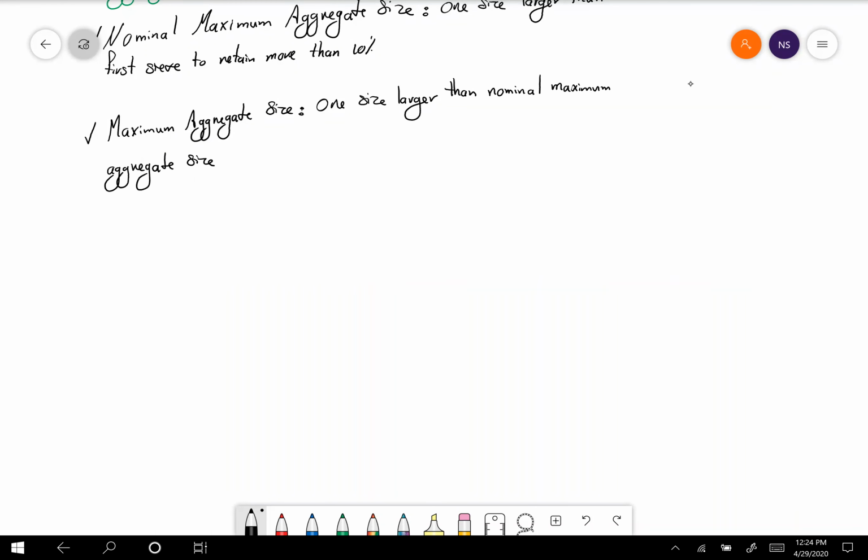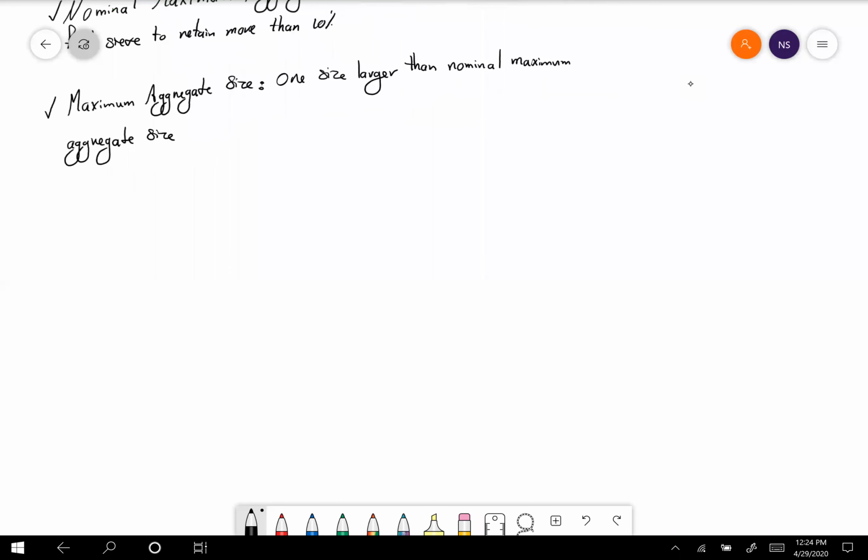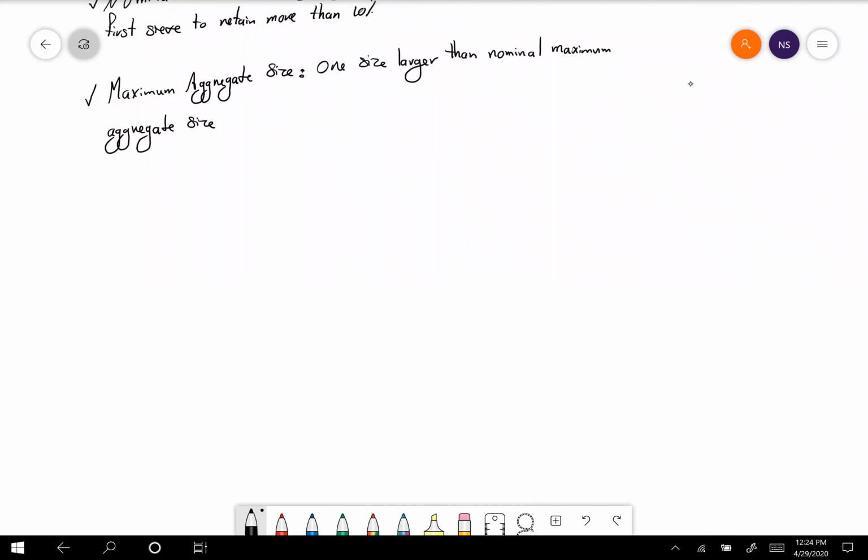Now there are certain requirements for aggregate gradation for SuperPave purposes that I'm going to show you. So let's say this is your aggregate gradation curve. The y-axis is percent passing.